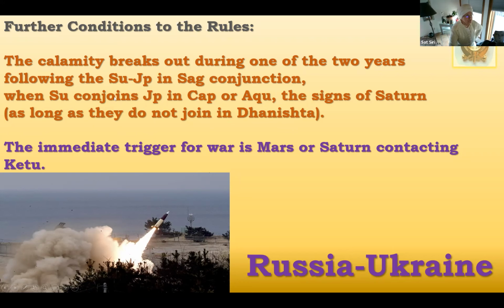So there'll be 2 to 3 years after the Sun-Jupiter conjunction that the war will begin. In all 4 of the case studies, this is how it works. And the immediate trigger will be a transit of Mars or Saturn over Ketu, which is the army, the headless army.